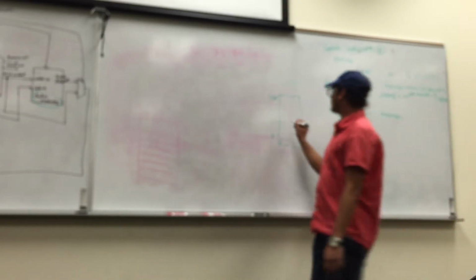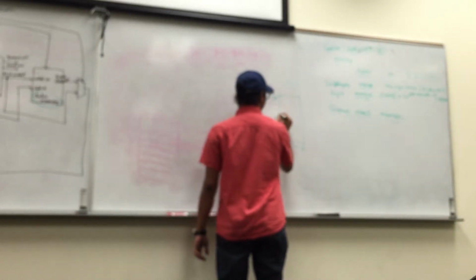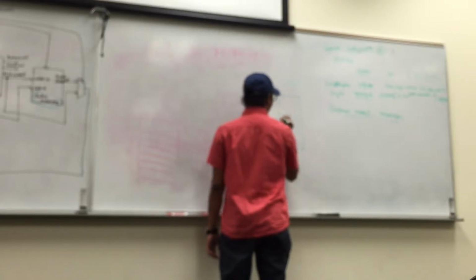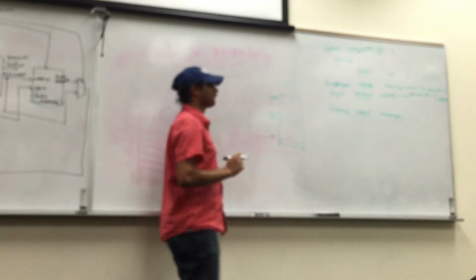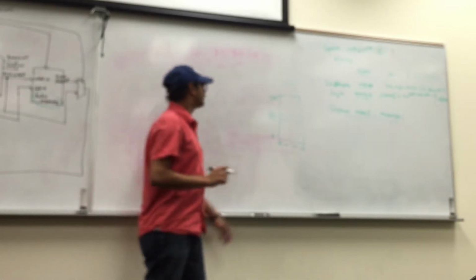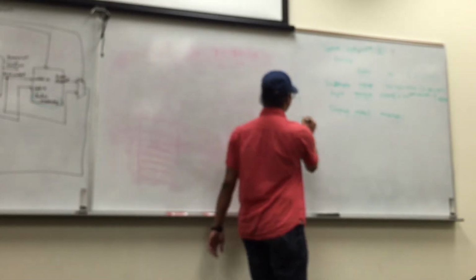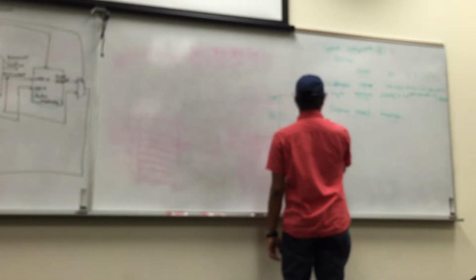Got it? So say for example, I want to access memory location 10. Okay, so how would I access? So this is my data out.